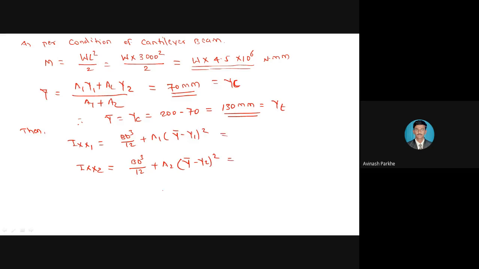In both Ixx1 and Ixx2, we have to take Y bar from the bottom side, that is 70 mm. Don't take 130 mm because it is represented above the neutral axis. Find out Ixx1 and Ixx2, and total moment of inertia, capital I, is equal to Ixx1 plus Ixx2.